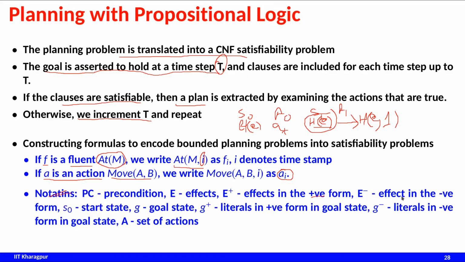Similarly, E minus will be the set of literals in the effects that are in the negated form. S0 will denote the start state, G will be the goal state, G plus will denote the literals in the positive form in the goal state, and similarly G minus will be the set of literals that are in the negative form in the goal state, and A will represent the set of all actions.